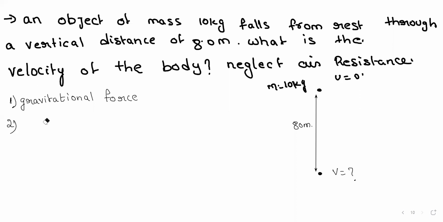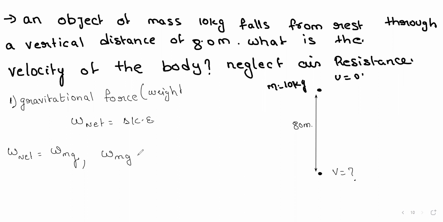There is no normal force, because the body is not in contact with any surface. So here I am applying the work energy theorem. W net is equal to change in kinetic energy. Since there is only one force, W net is equal to W gravitational force, that is weight, mg. So work done by weight is equal to KE final minus KE initial.